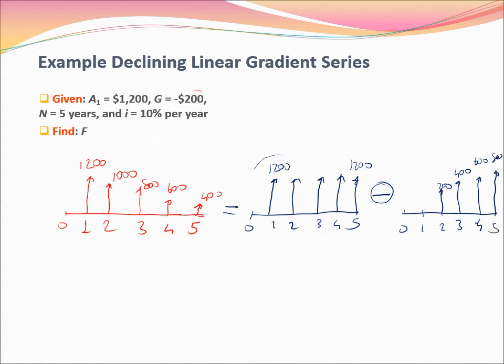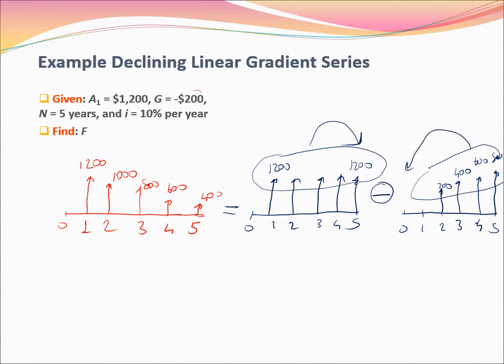Now this is a uniform payment series and I can convert it to future time. This is a linear gradient series. I don't know the factor or the formula to convert it to future, but I can first convert it to present time, and then take this present value to future time. Let me say this future value is F1, and for this the future value is F2.